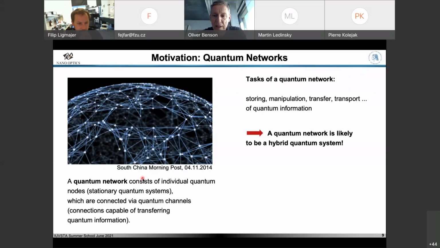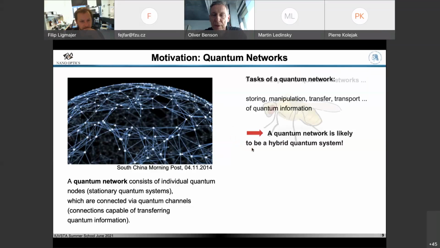They're connected by some kind of light. And in these nodes, you need to be able to store and manipulate quantum information. So very likely these different nodes consist of different physical systems. So this is very likely some kind of huge hybrid system.